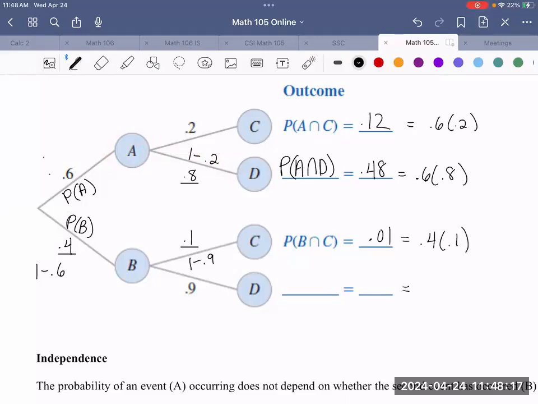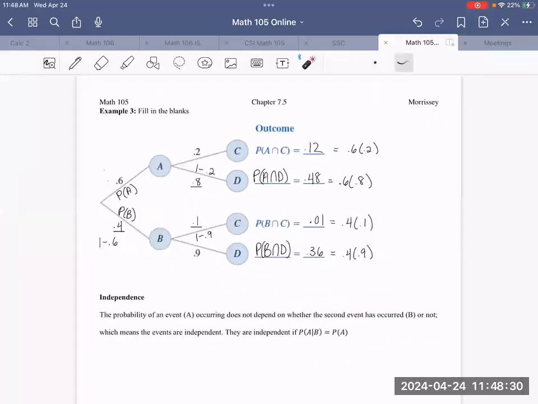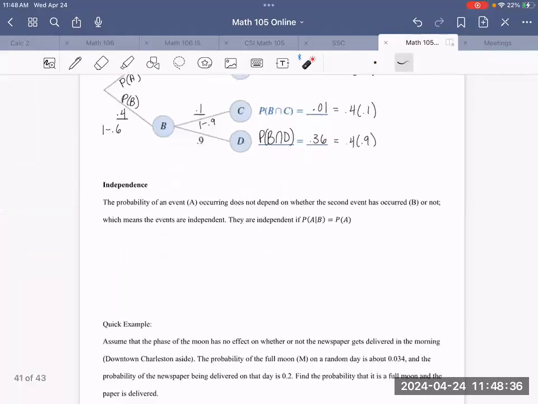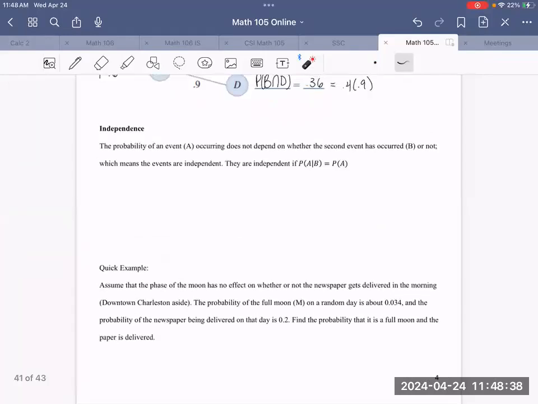And again here, 0.4 times 0.9 is 0.36. This would be the probability of B and D. So hopefully that makes sense. If you have more branches, maybe you have one in the middle, make sure that they all total to 1, okay?